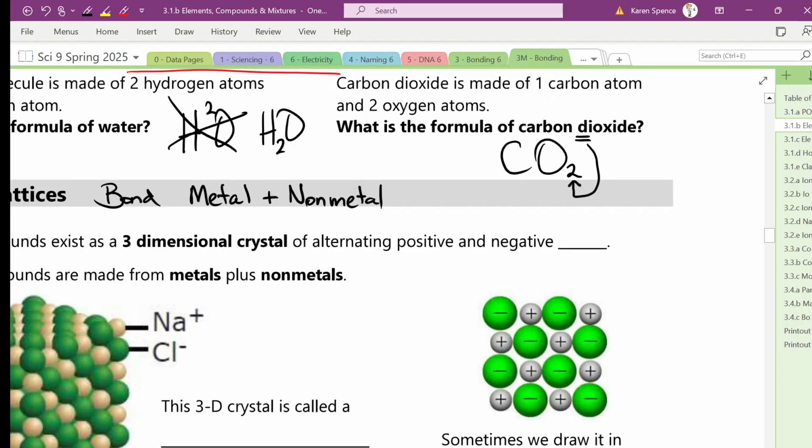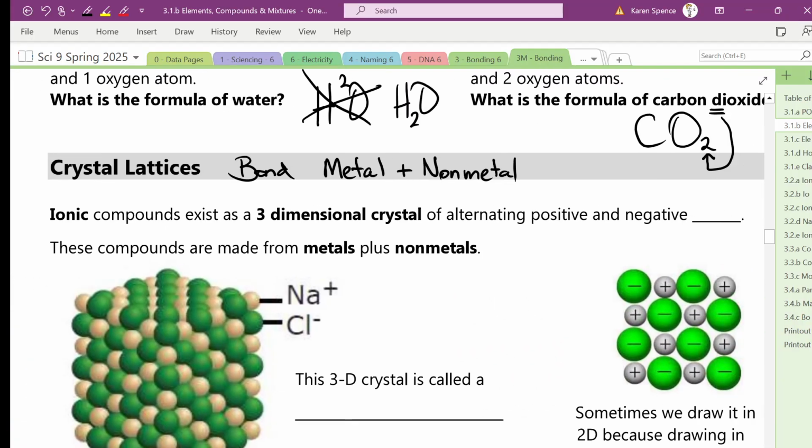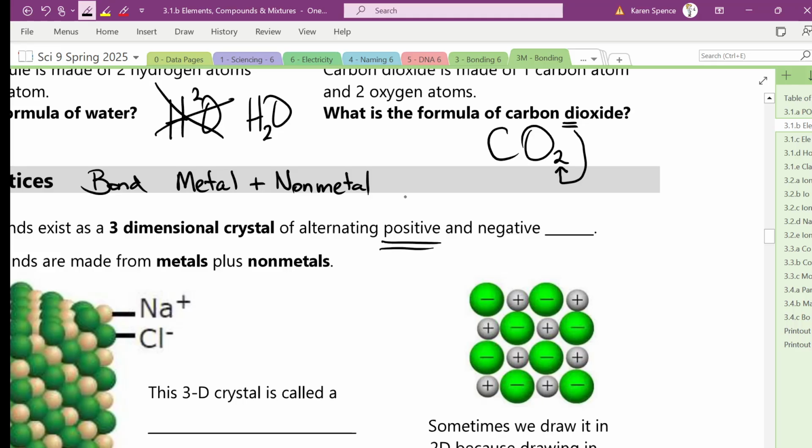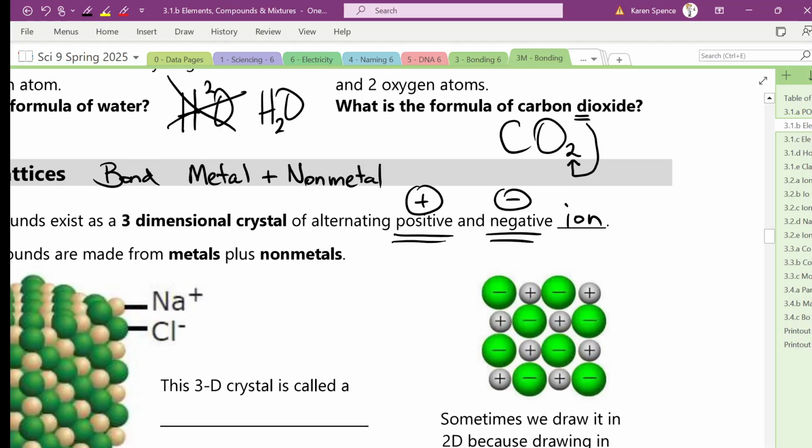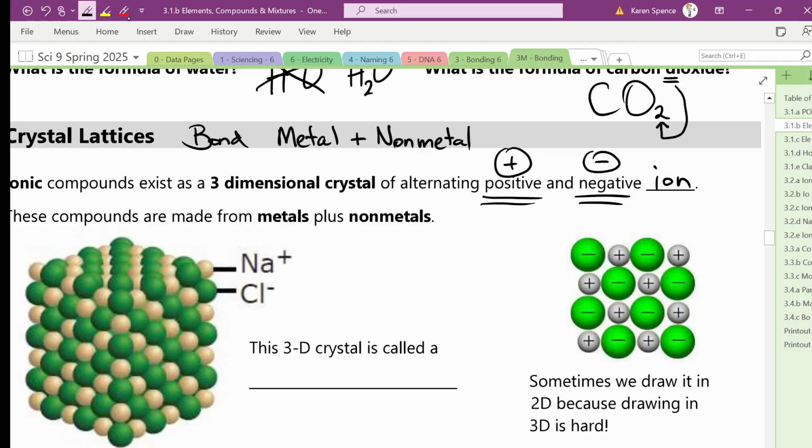But in this case, we have an alternating crystal where it goes positive ion and then negative ion. So we alternate positive ion, negative ion, positive ion, negative ion. What type of element makes the positive ions? Metals. So metals are the positive ions and non-metals are the negative ions.